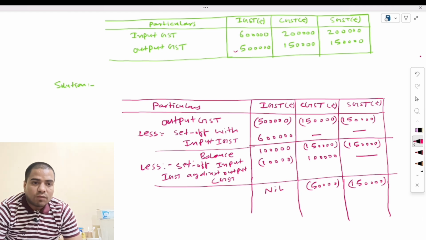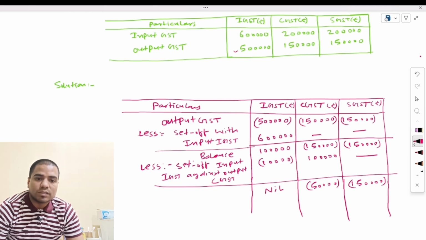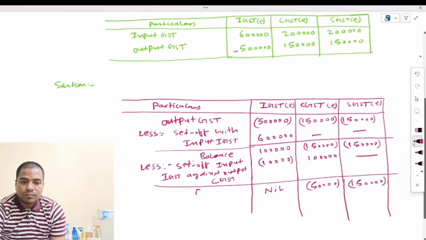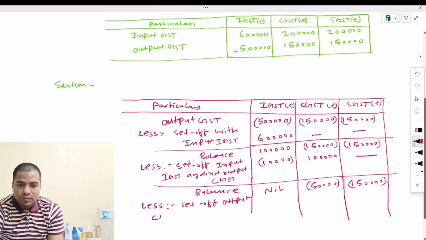Now we will set off the output CGST and SGST balance against the input CGST and SGST balance. This is the balance amount. Next, less set off output CGST and SGST against input CGST and SGST.